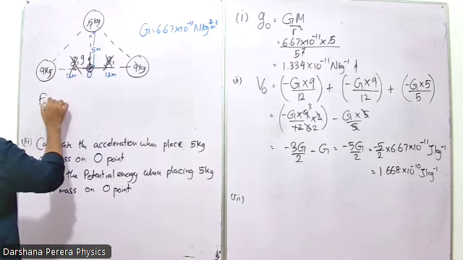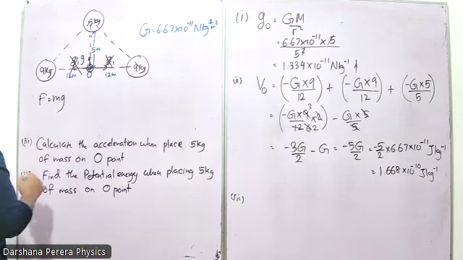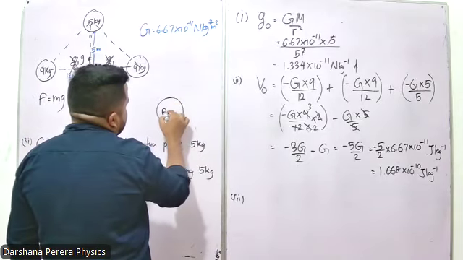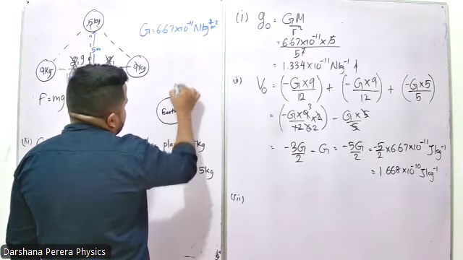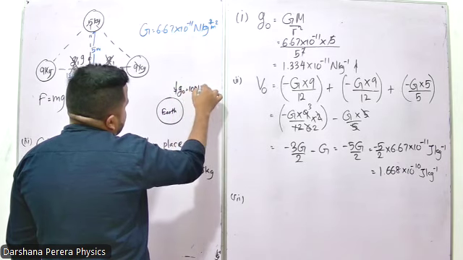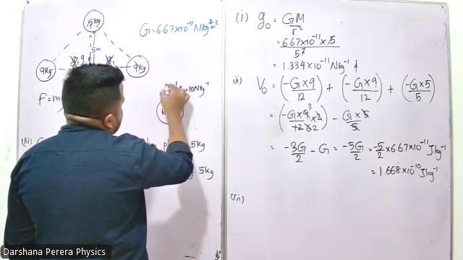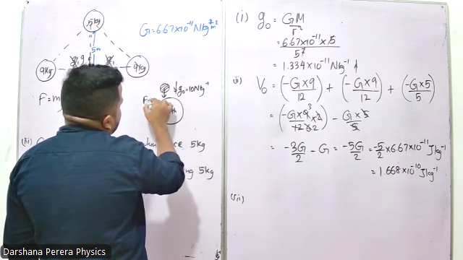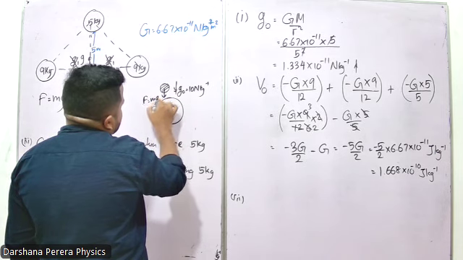Force means F equals mg. You know, when there is a gravitational field, I take the Earth. On Earth, there is a gravitational field, g naught equals 10 N kg minus 1. When I place some kind of mass, F equals m g naught.